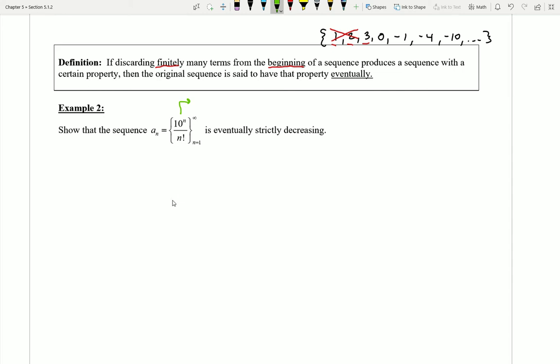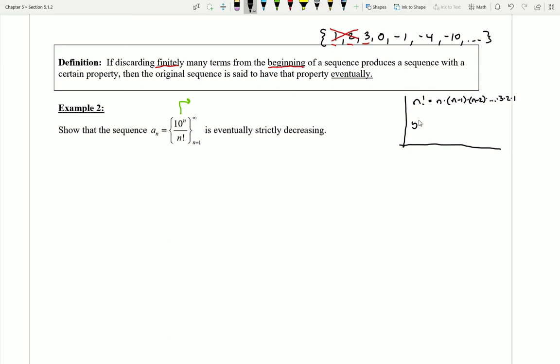Now you may not be fully familiar with what a factorial is, but I'll go ahead and quickly define it over here on the side. Remember that n factorial is defined as n multiplied by the number right before n multiplied by the number right before that, and kind of continually multiplied all the way down until you hit the value of 1.